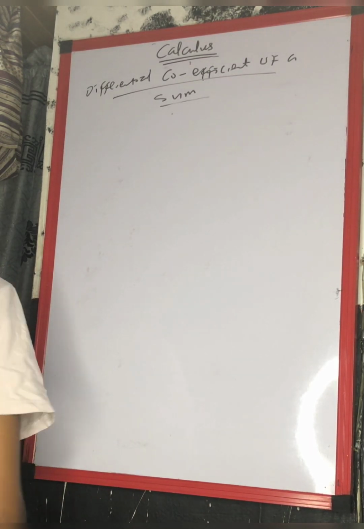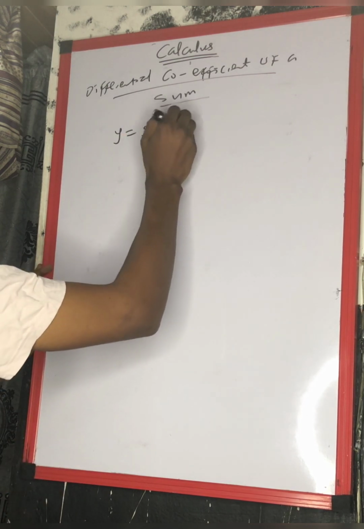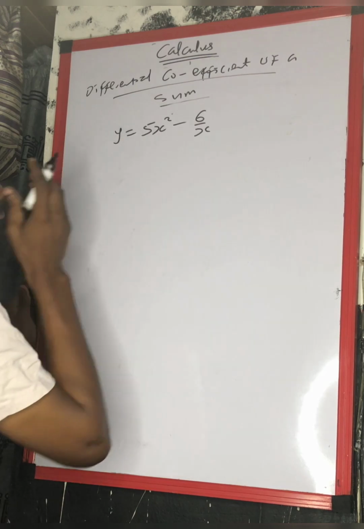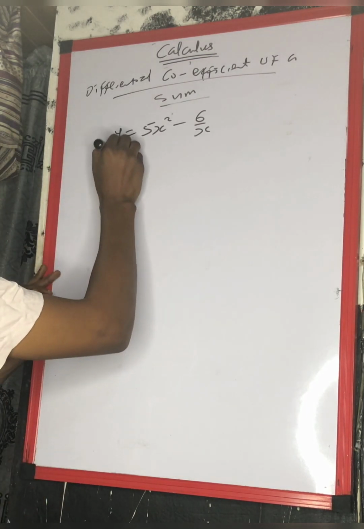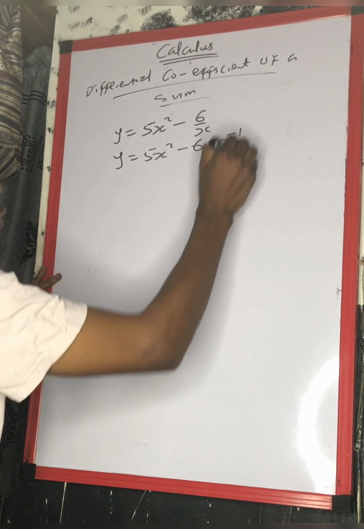if you are given 5x squared minus 6 over x, this is y equals 5x squared minus 6x^(-1).